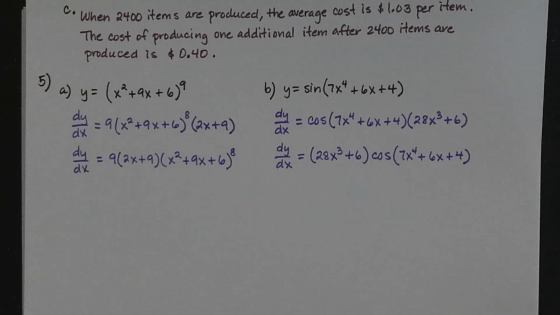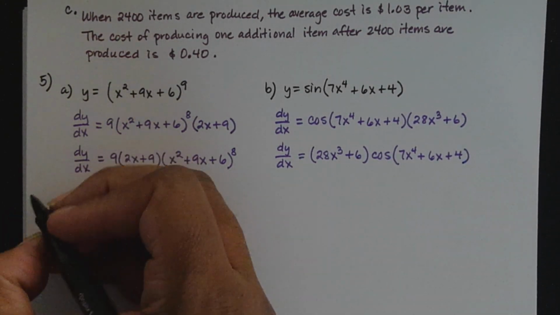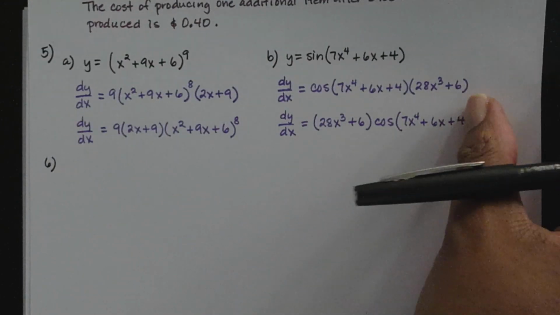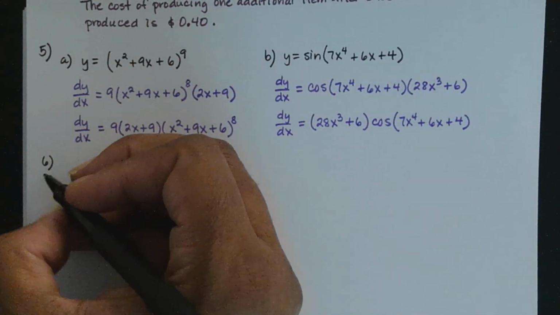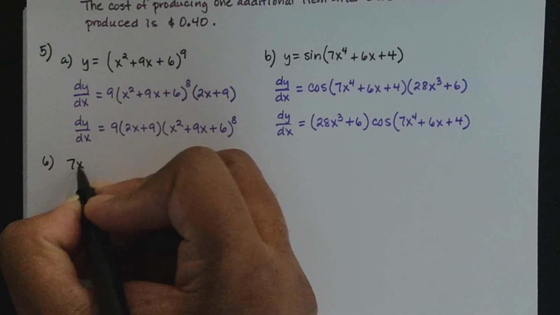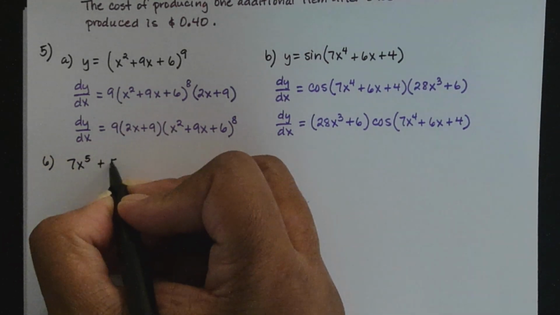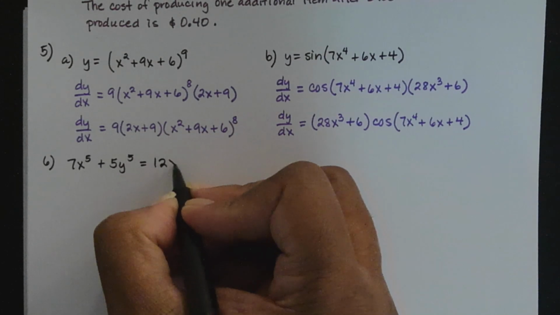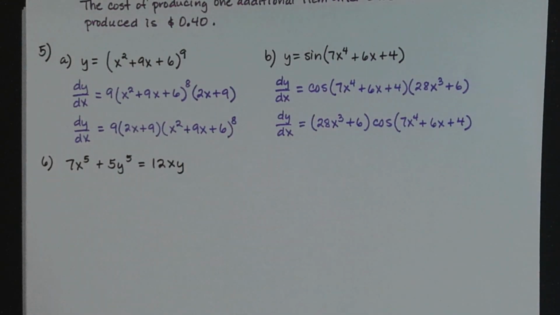All right, problem number 6 is using implicit differentiation. So let's say we had 7x to the 5th plus 5y to the 5th equals 12xy.